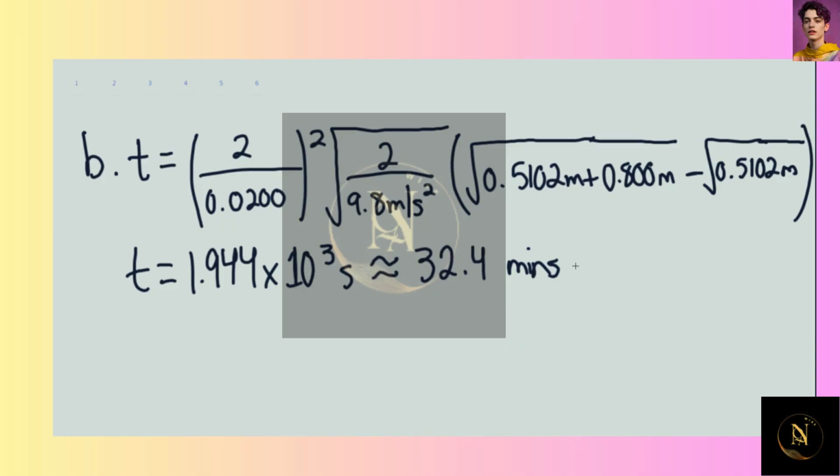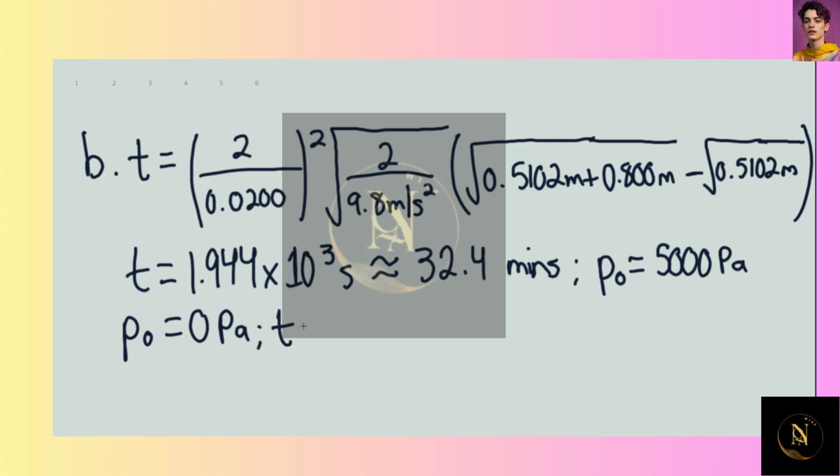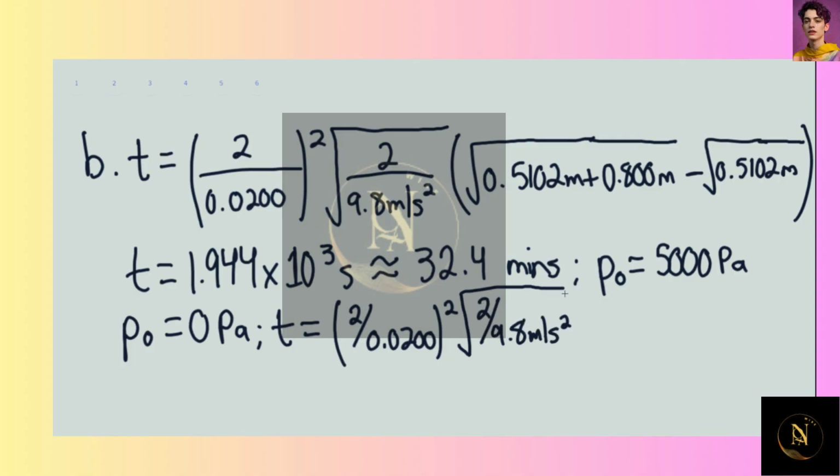This would be when the initial pressure is equaling 5,000 pascals. Now, when the initial pressure is equaling 0 pascals, we can solve for T once again. So T is going to be equaling, again, 2 divided by 0.0200 quantity squared multiplied by the square root of 2 divided by 9.8 meters per second squared.